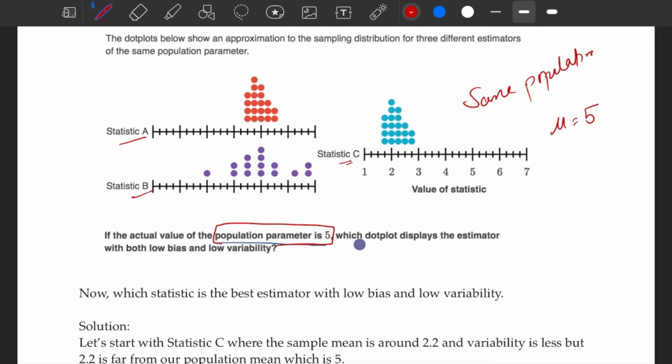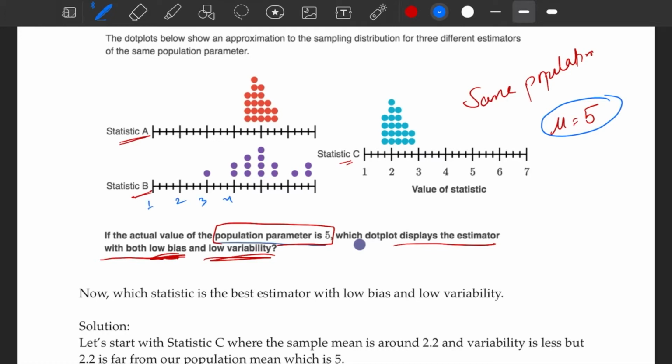Now we need to identify which particular sample, A, B, or C, displays the estimator with both low bias and low variability. Okay, so we need to understand that. Cool. Now coming back to this example, the mean is 5, that means the sample that we have should also have a mean close to 5.